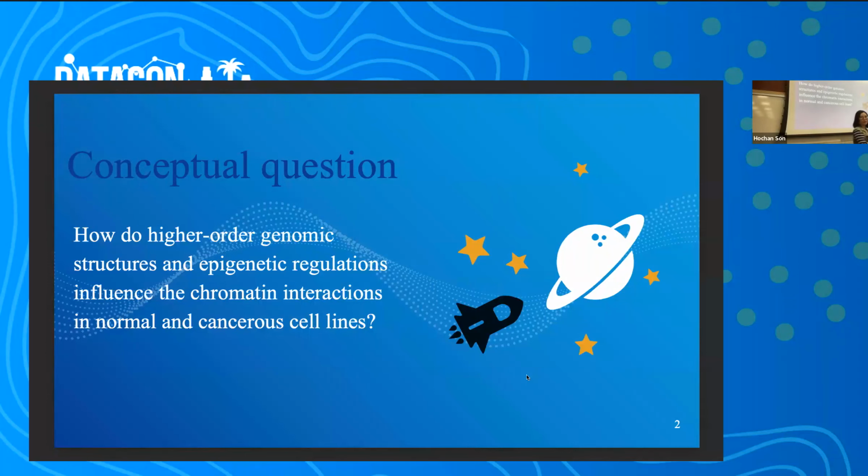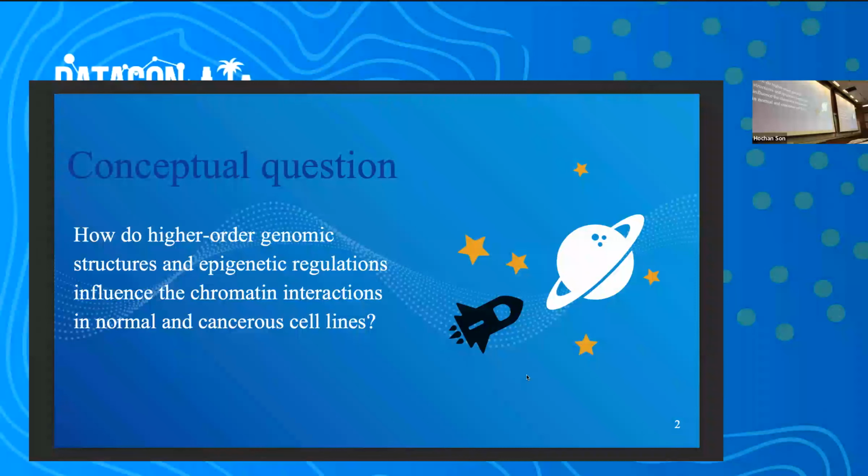So to start with the project, I have a conceptual question: how do higher order genomic structures and epigenetic regulations influence chromatin interaction in normal and cancer cell lines? For this project, I built detection models to differentiate different cell types using some biological information.